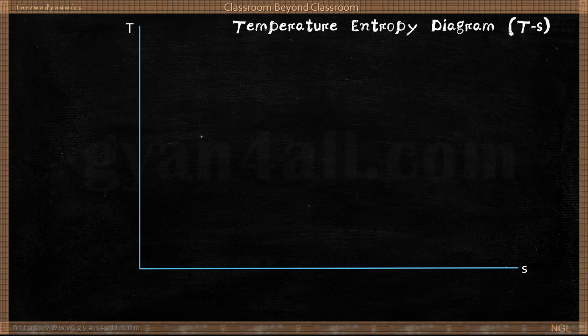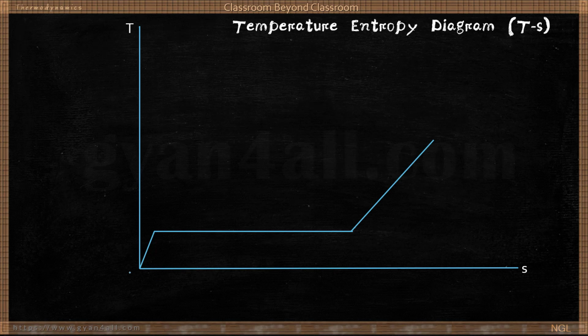Then at atmospheric pressure, what is the boiling point of water? 100 degrees centigrade. Good. So water will start boiling at 100 degrees centigrade and it will be completely converted to steam at 100 degrees centigrade itself. So you can observe this. You just look at the screen.